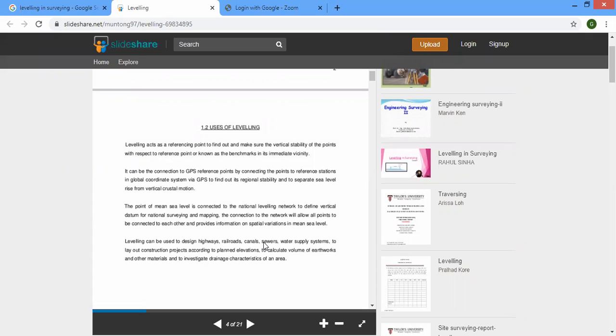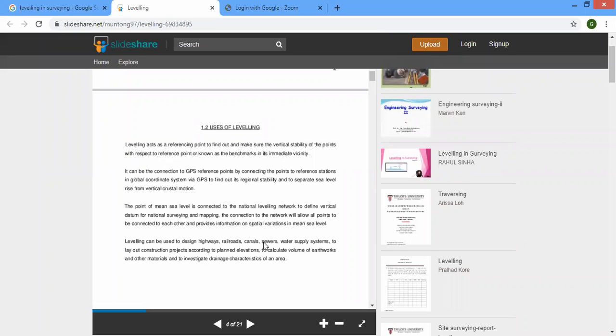You must also have seen the canals attached to rivers or dams. Once the gate is opened, the slope of the canal shall be maintained such that the water flows by gravitational force and is supplied to all the lands, right?